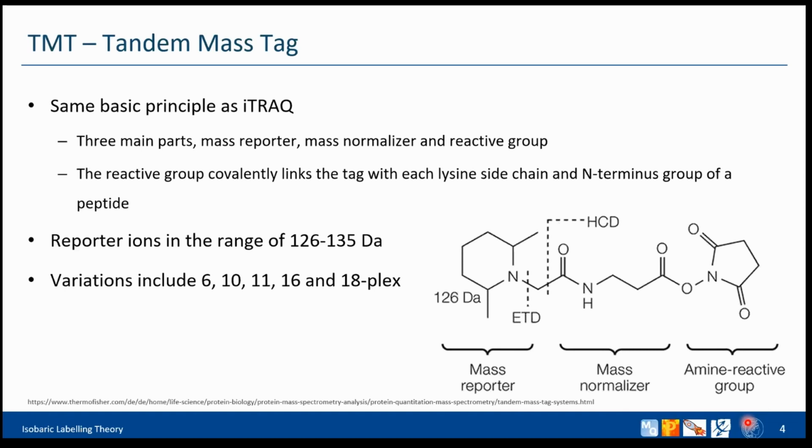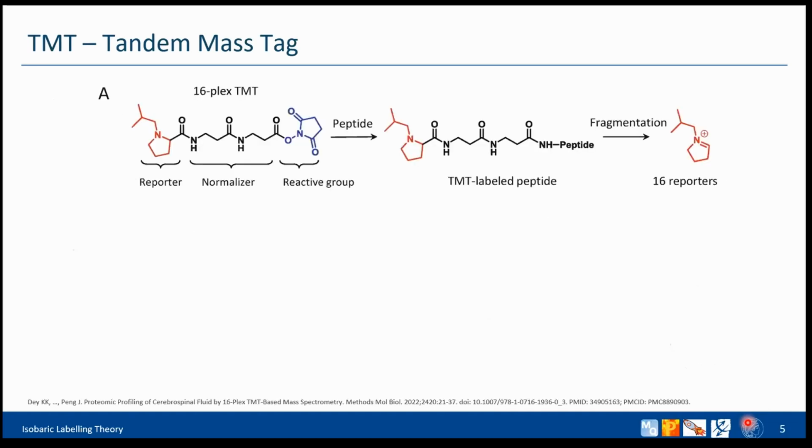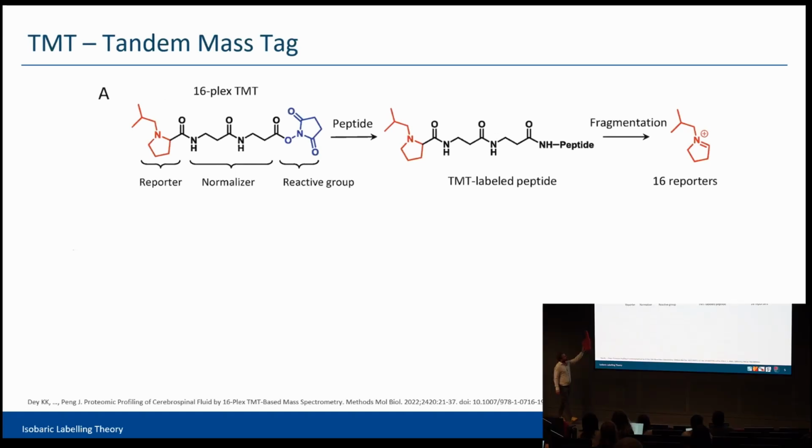Let's have a look not at the 18-plex, but at the 16-plex TMT. Again, reporter, normalizer, reactive group, and if that reacts with a peptide, then we get a TMT-labeled peptide over here. This is attached to all these peptides. In the MS2 fragmentation, this reporter is cleaved and measured and ends up in the reporter channel.